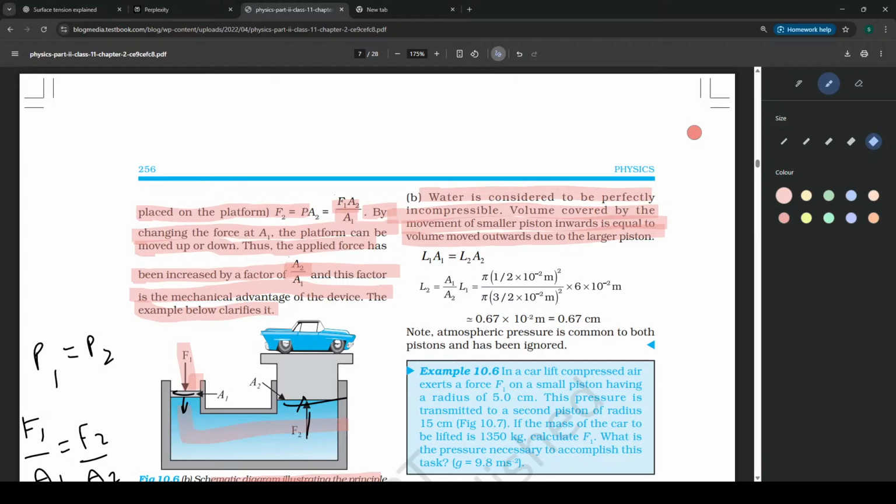That means length times area: the lengths are given, the areas we know, and the only unknown is L2. Substitute it, and we will get 0.67 centimeter. The atmospheric pressure is common to both pistons and has been ignored.